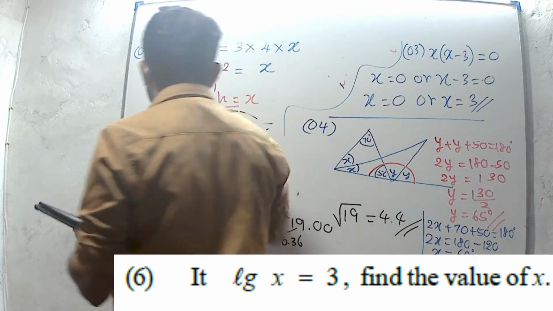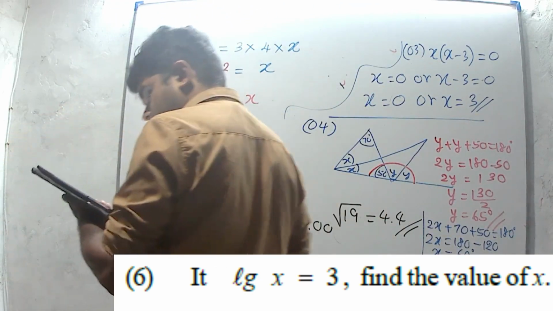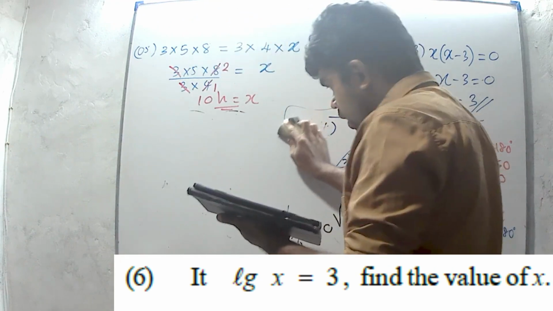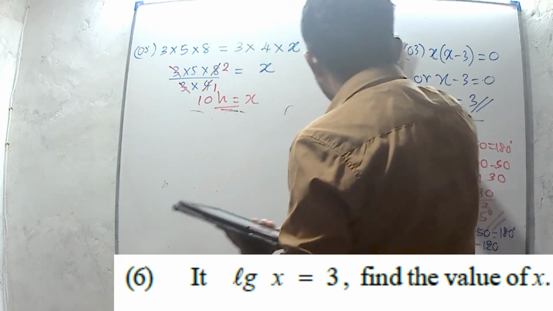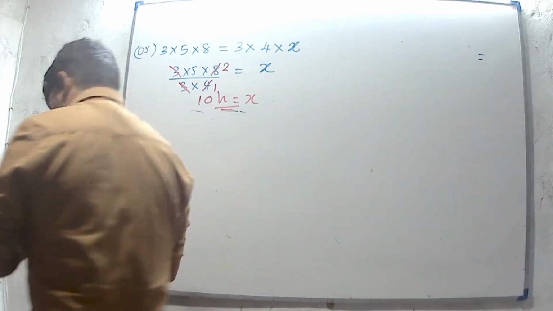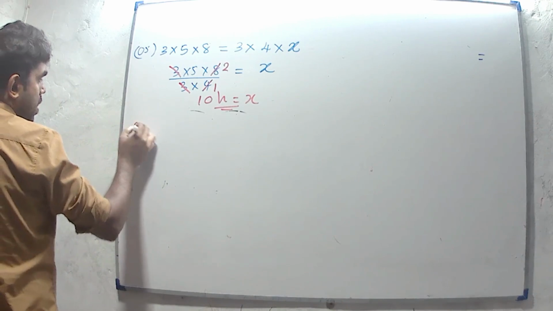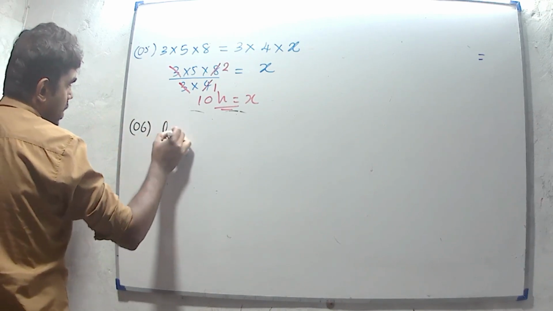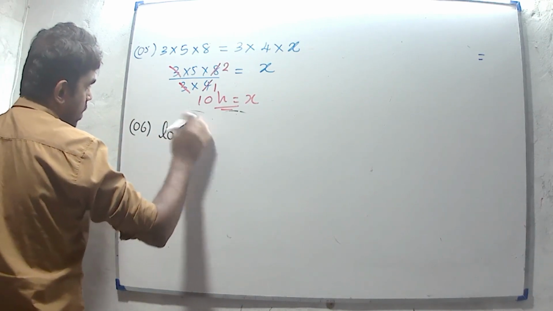Then question number 6. In log x equals 3, find the value of x. There is an equation. Log x means log 10 of x, base 10. It is not given.